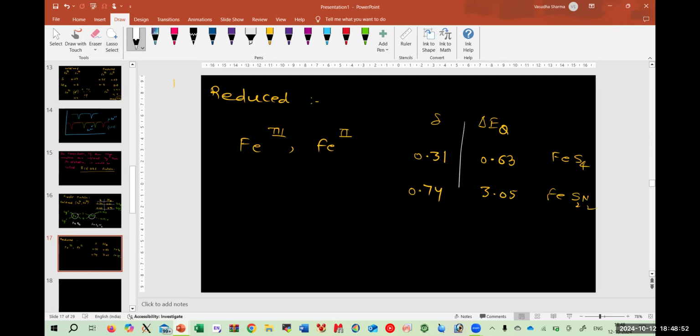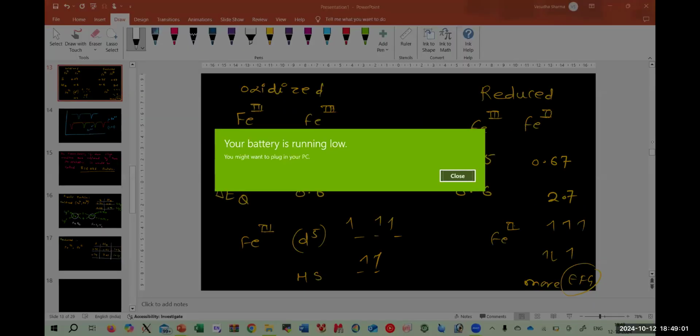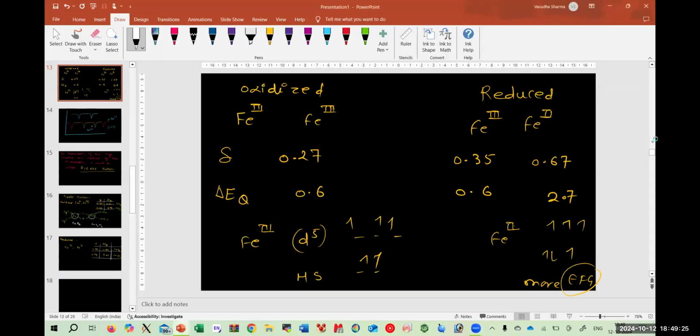So you can see how much difference it has given when two substitutions have been made.